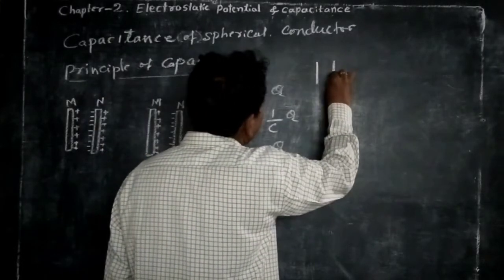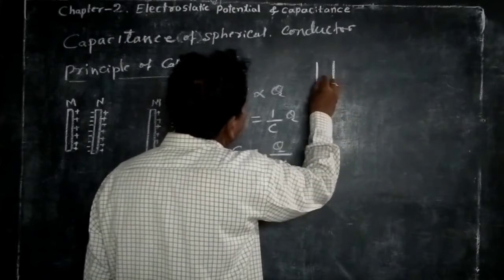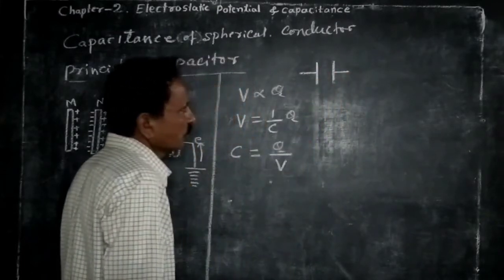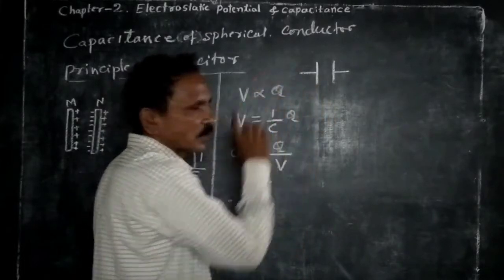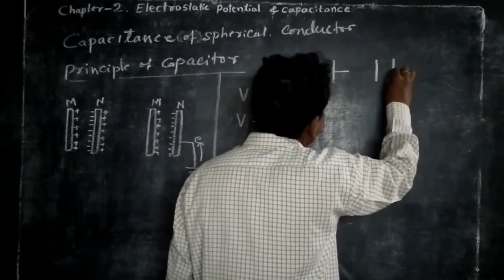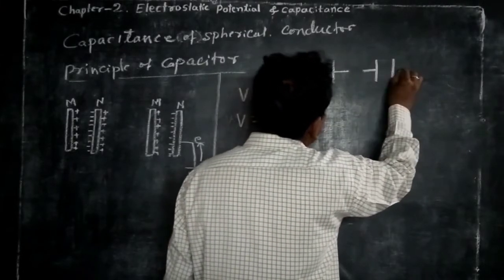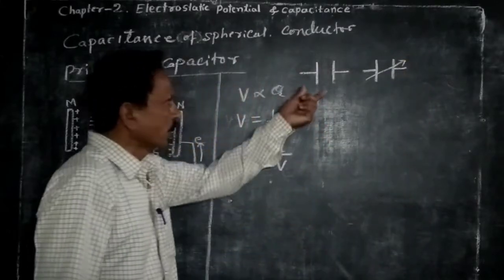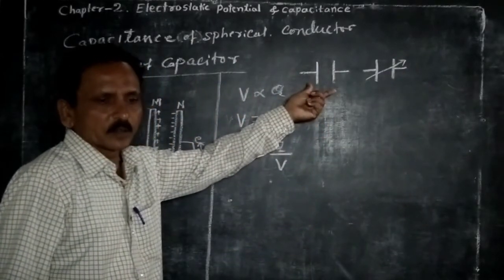A capacitor is represented by identical conductors separated by a certain distance. This is a fixed capacitor, and variable capacitors are denoted as shown. This is a variable capacitor and this is a fixed capacitor.